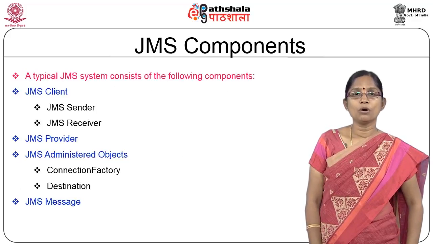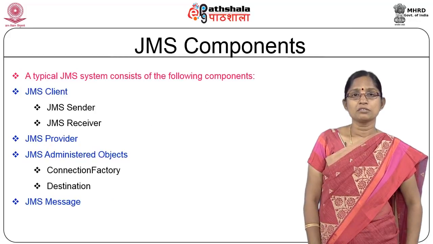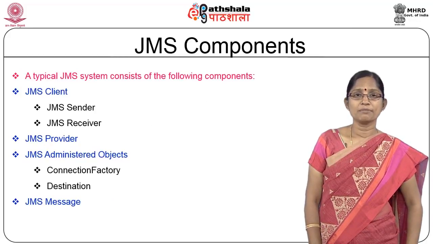Now, you can look through all of the components of which the JMS application consists. I told you already that every JMS application should consist of a JMS client. A JMS client can be of two types, either a message sender or a message receiver. Apart from that, the JMS provider will be there.